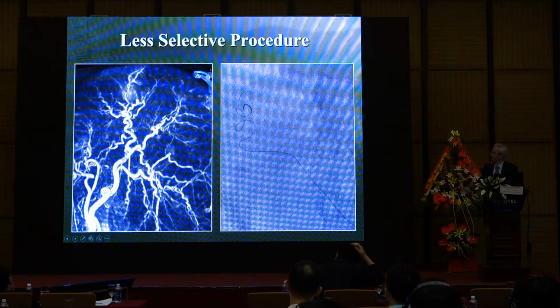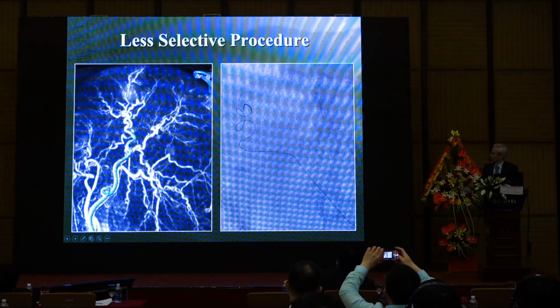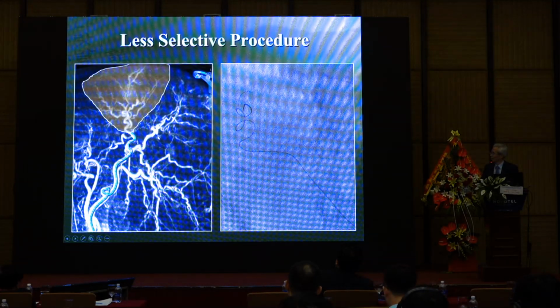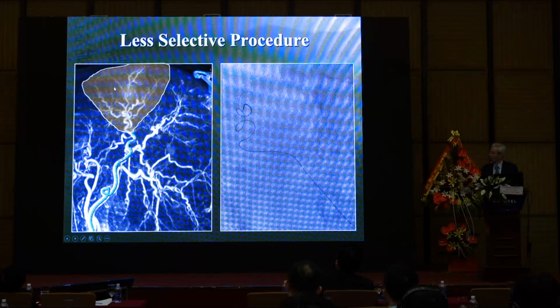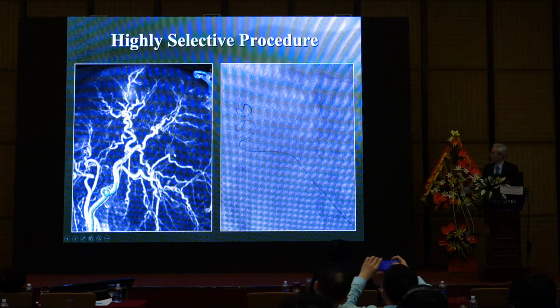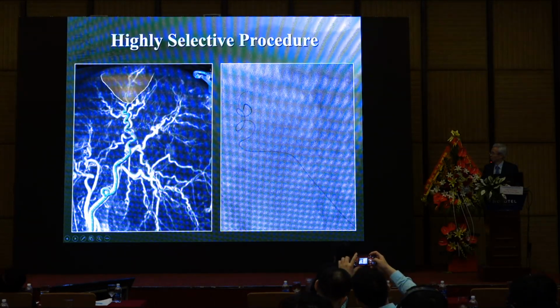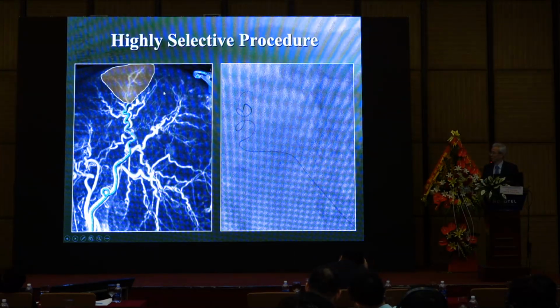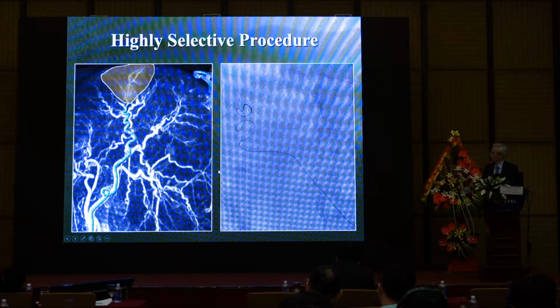So here you can see a small tumor. If you can advance a microcatheter up to here, you may have to sacrifice this much amount of normal liver. But if it is possible to advance up to here, you can save a lot of normal liver while maximizing the treatment effect.